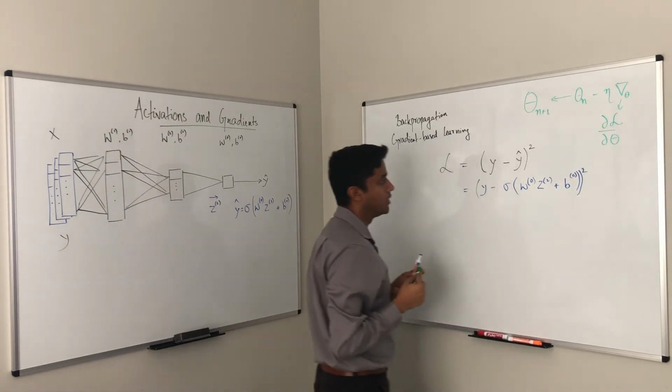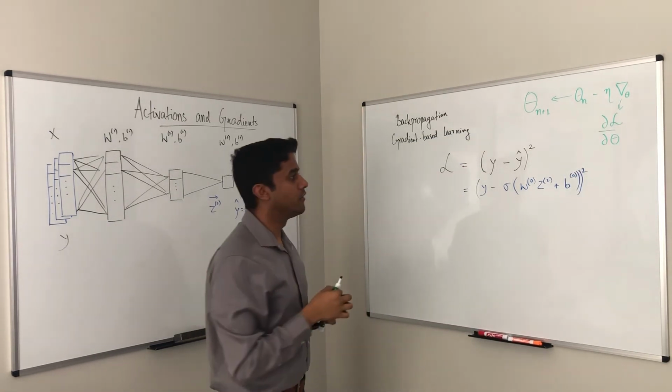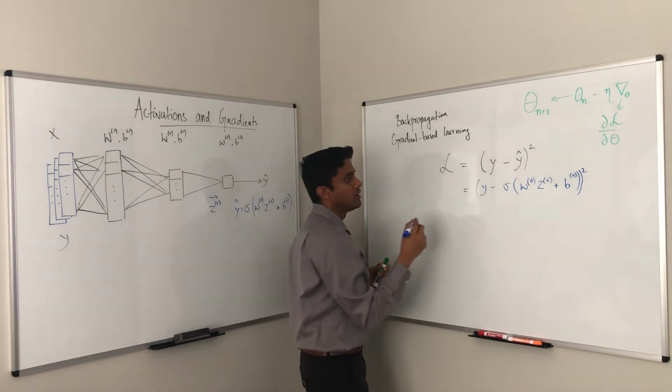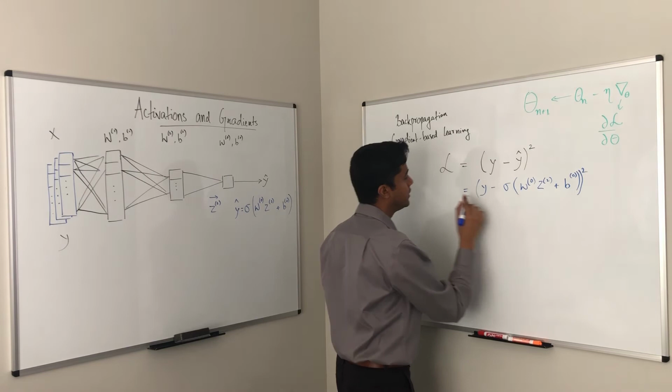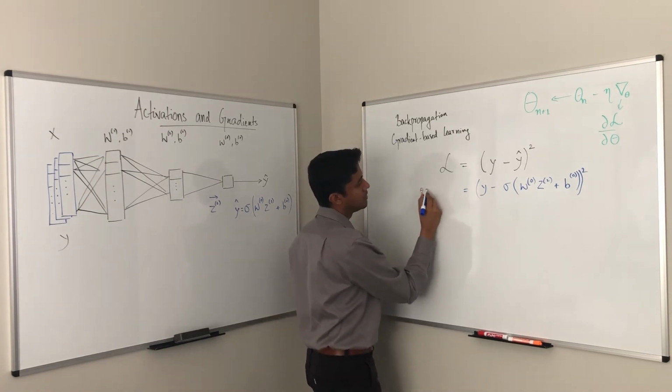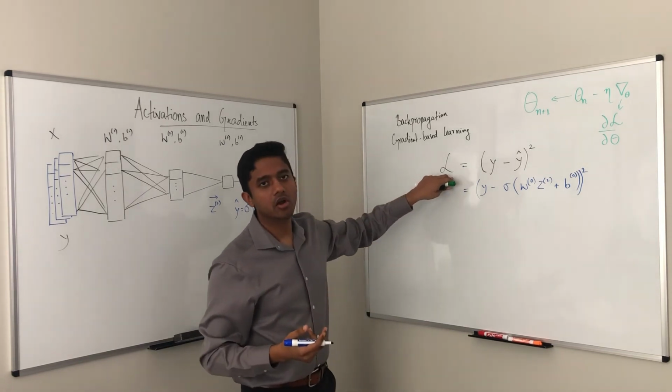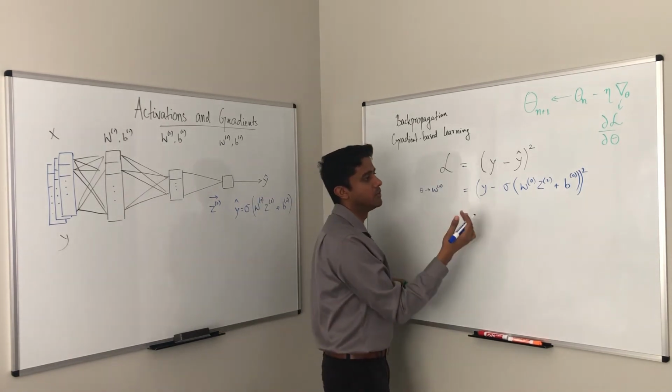Now I'm going to derive the gradient of this loss function that I have here. I'm going to take theta as W0, so I'm going to differentiate my loss function with respect to W0.